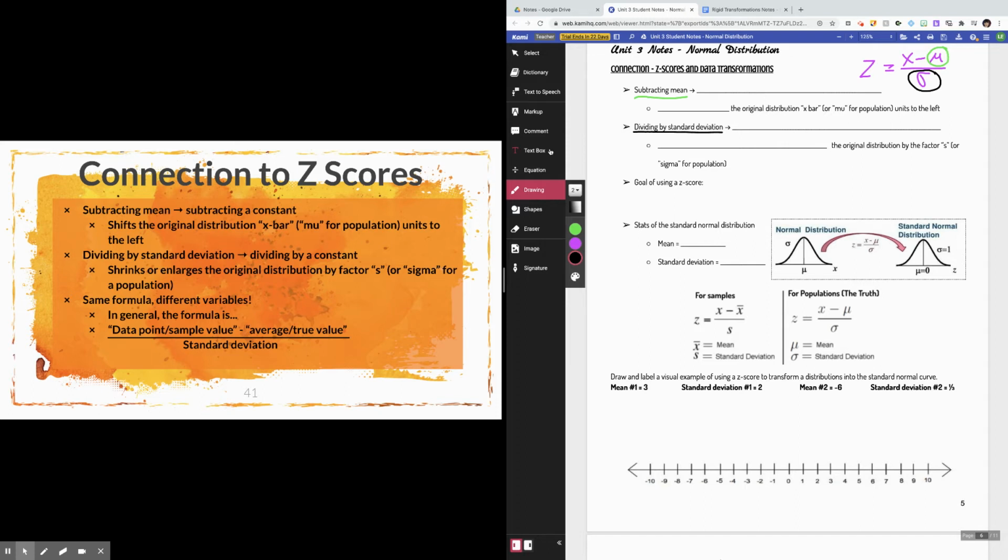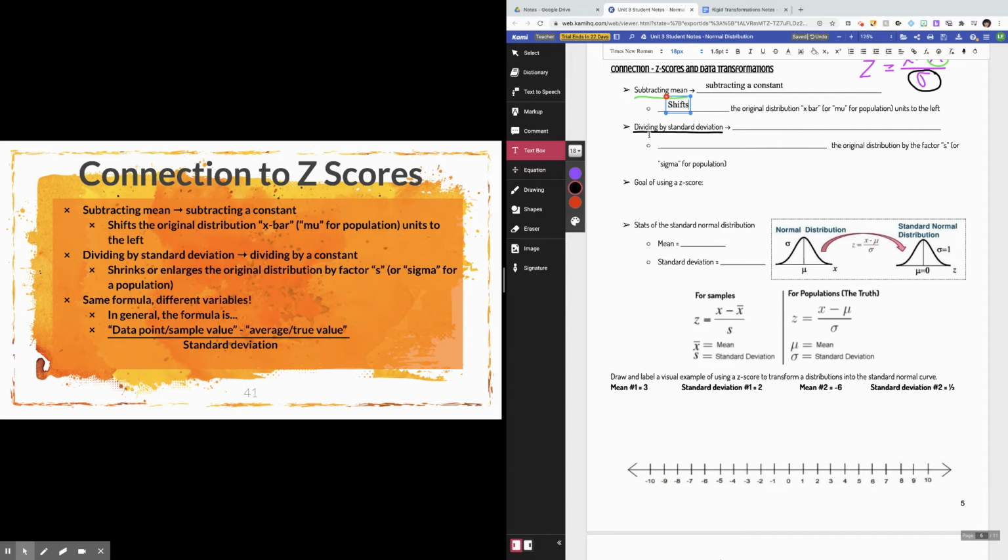So when you subtract a mean, what you're really doing is subtracting a constant, because no matter what, for every data point in the distribution, the mean will be the same. What you're actually physically doing is shifting the original distribution.